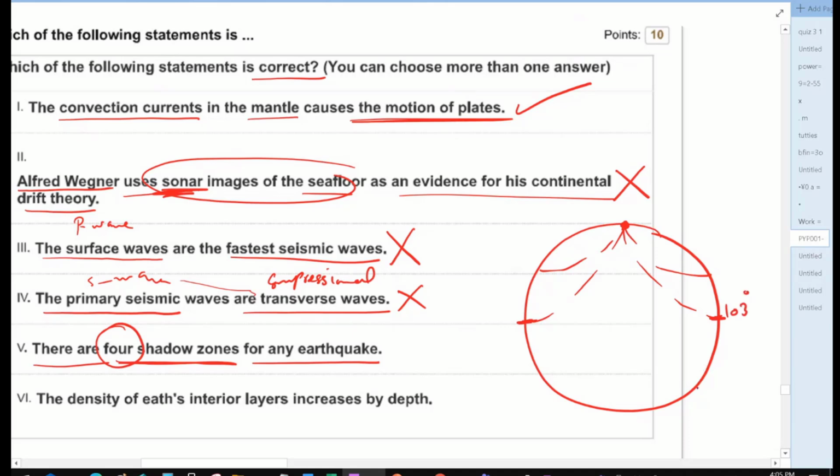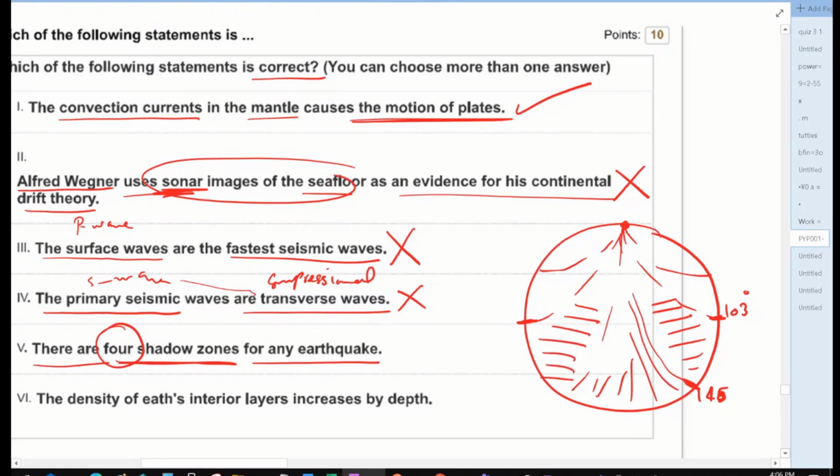Then we will find nothing after that until you reach 140 or 145. Then you will receive the signal again. So there is a shadow zone here, and there is a shadow zone here. There are two shadow zones, not four shadow zones. So this is wrong.